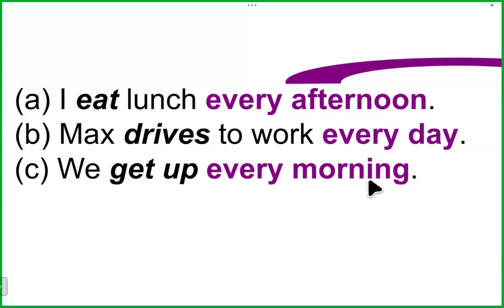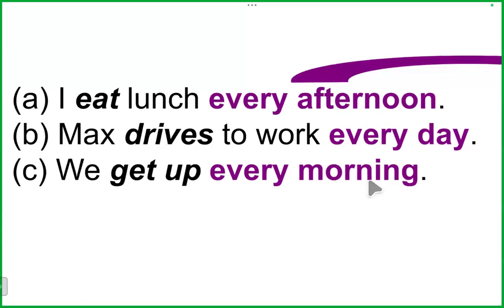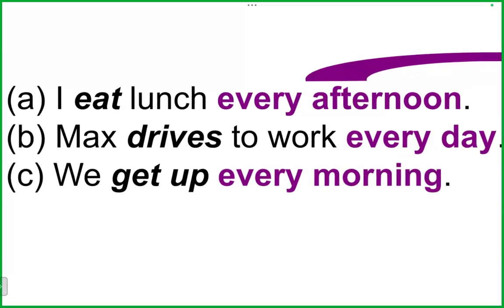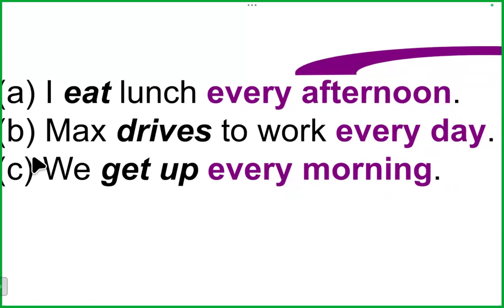You are correct. Okay, so here we have three different sentences. All these sentences have three different parts of speech. Number one, subject. Subject means sujeto. In letter A it is I. In letter B it is Max. And in letter C it is we. So I, Max, we: subjects, sujetos.